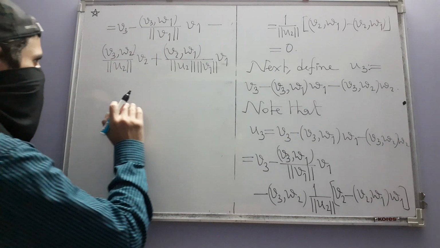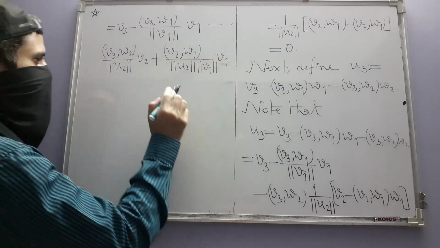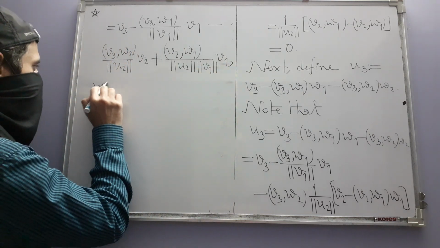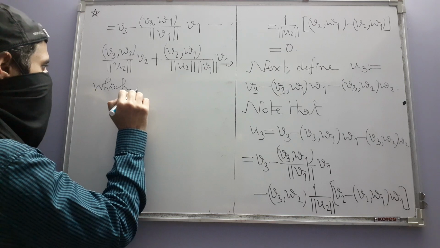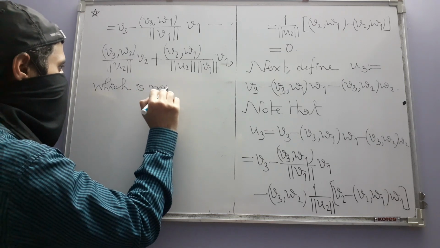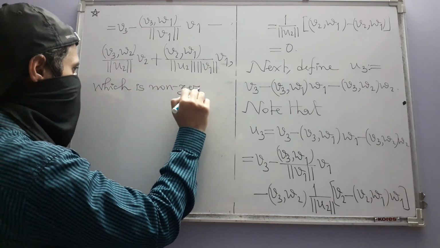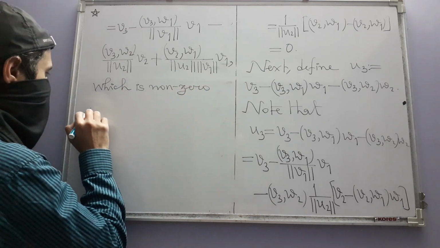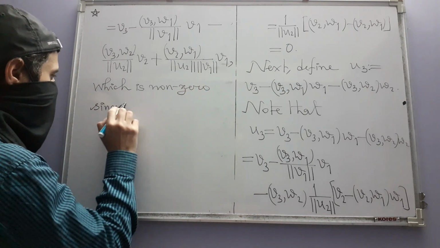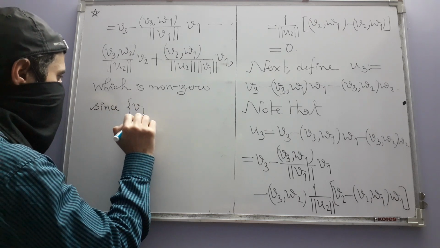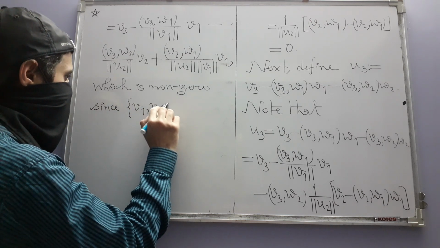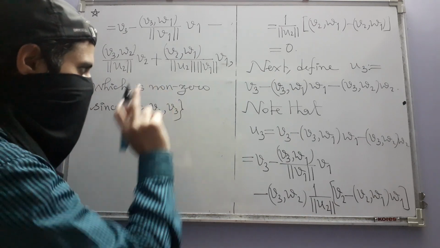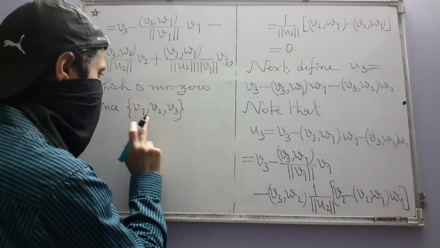So just like before, you can write that U3 is non-zero. Non-zero means it's not equal to the zero vector. Since the set consisting of these first three vectors from our original basis is a linearly independent set.